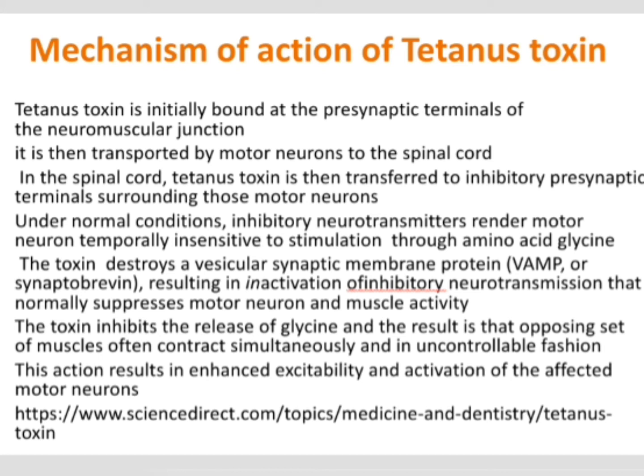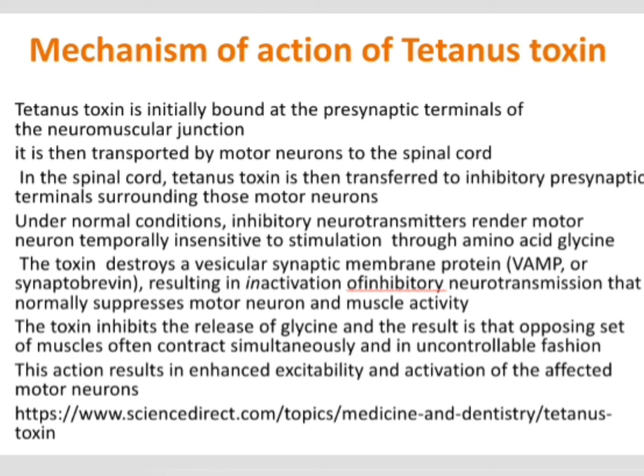So tetanus toxin will bind with the inhibitory neurotransmitters present near the motor neurons in the spinal cord, and it will affect their vesicular synaptic membrane protein, which will result in the inactivation of these inhibitory neurotransmitters.